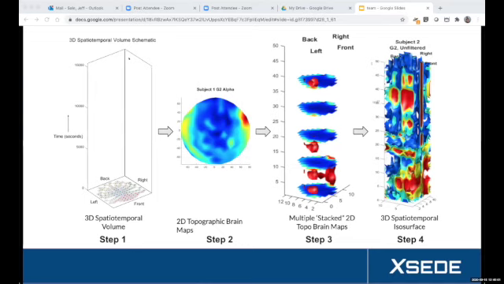And then we stack the 2D topographic brain maps like a loaf of bread, as shown in step 3. In step 3, I've also included a single isosurface colored in red to show regions of high activity, but that's just one single isosurface. And in the rightmost image for step 4, I've added 20 individual isosurfaces to fill the volume and show areas where there's low activity in blue and medium activity in the yellowish and greenish or the cyan areas.